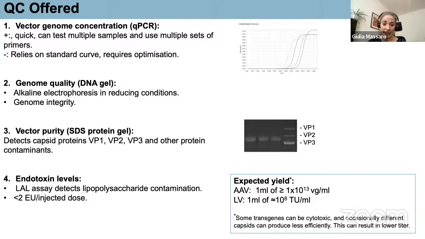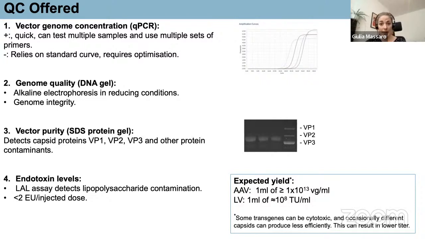The expected yield for an AAV prep is around 10 to the 13 VG per ml. For lentiviruses it is around 10 to the 8. But of course, as you know, every prep is different, every gene of interest is different, every capsid or envelope is different, so this is just an estimate.